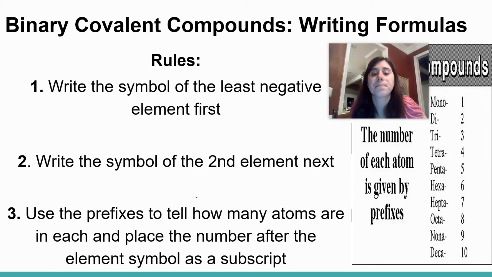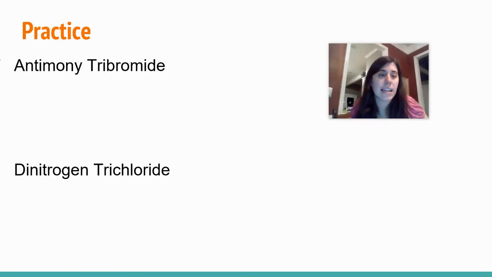So let's try some. The first one we're going to do is antimony tribromide, which quite honestly, you probably don't know what antimony's symbol is. So antimony is Sb, for those of you still searching on your periodic table. So I'm going to write Sb first. And then bromide is Br.